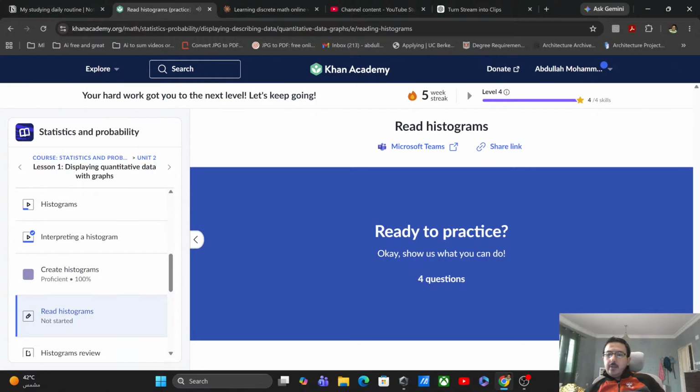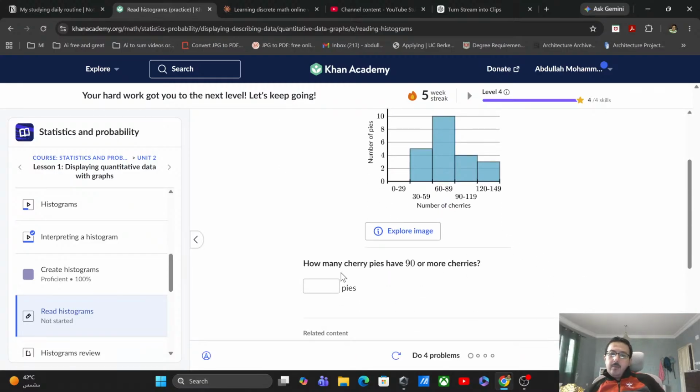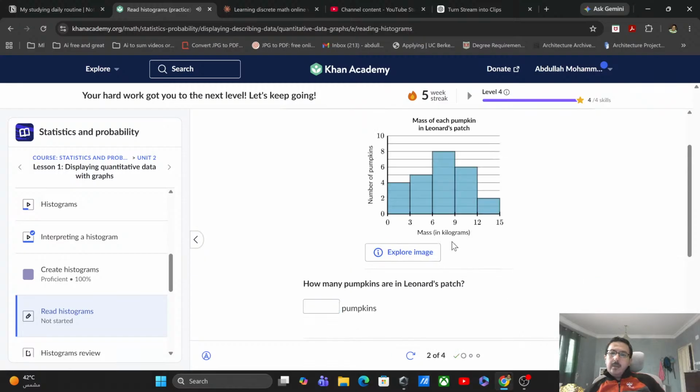Exercise, read the histogram. Okay. How many cherry pies have 90 or more cherries? So I got from here to here, this 4 and 3, 7. Okay. How many pumpkins are in Leonard's patch?